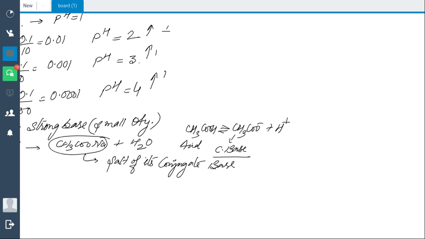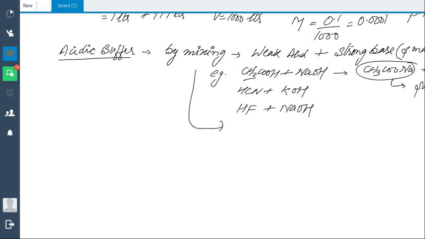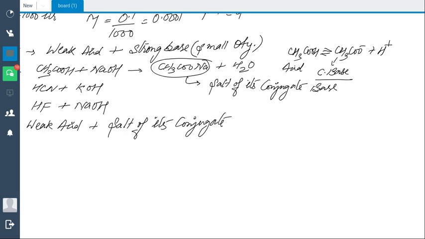Okay. So you can also get it by mixing a weak acid plus salt of its conjugate base.